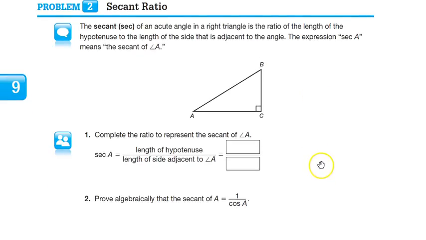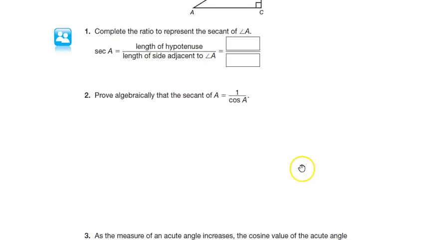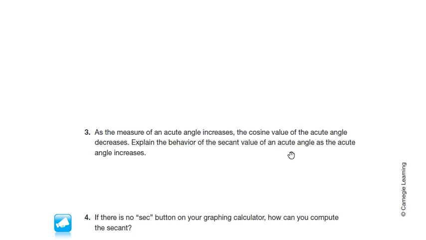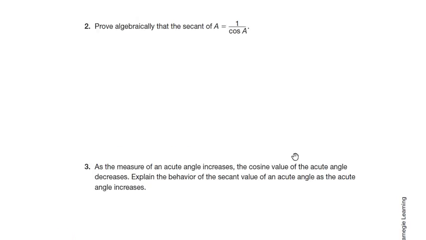So now we're going to get into secant, and of course it's just hypotenuse over adjacent, so AB over AC in the case of reference angle A. And proving algebraically is done just like we did it with sine and tangent earlier, or rather with cosecant and sine, and with the cotangent and tangent.